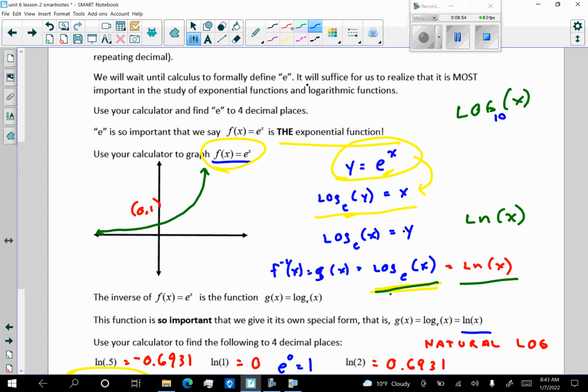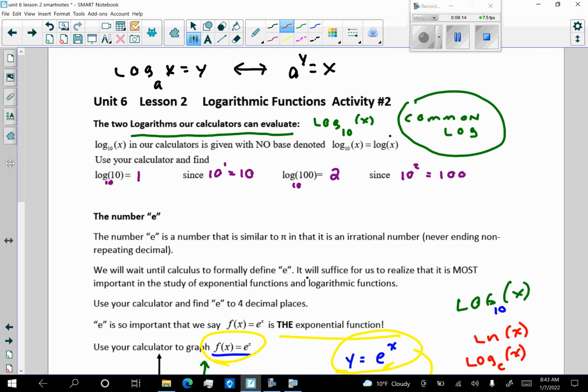And when you see ln, that means log base e of x. Short little video, Unit 6, Lesson 2, Activity 2, using the calculators to evaluate two special logarithms. All righty.